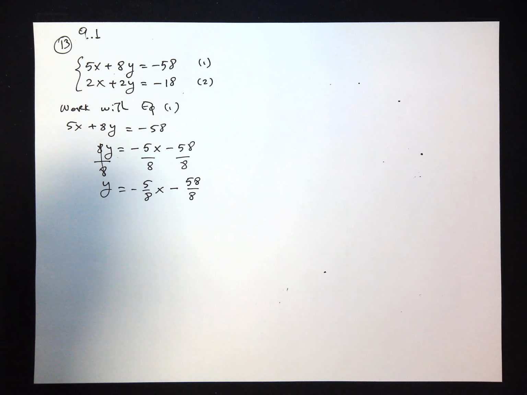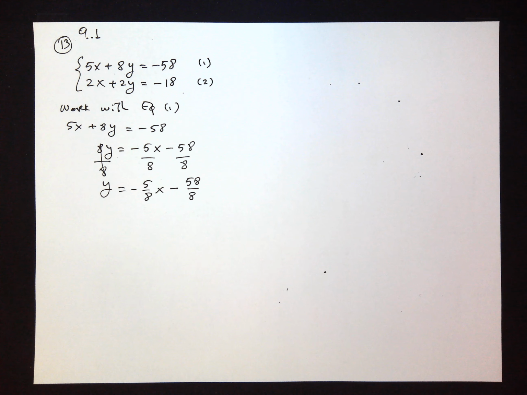Apparently 8 is not a divisor of 58. In other words, 58 is not a multiple of 8. So 56 would have been a multiple of 8, because 56 divided by 8 is 7, right? But 58 is not a multiple of 8.